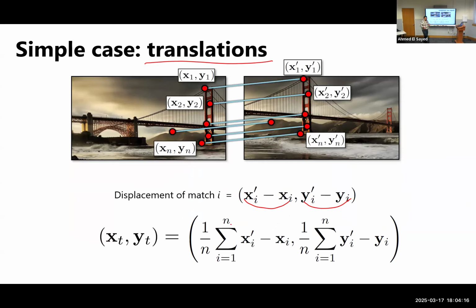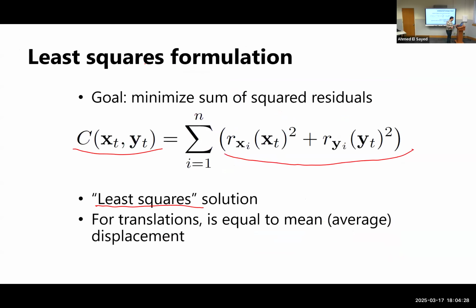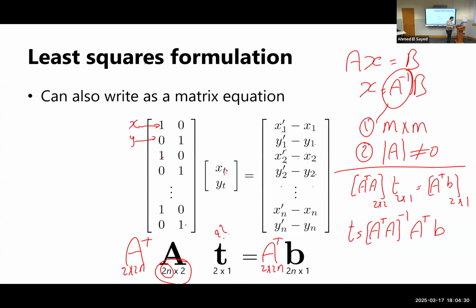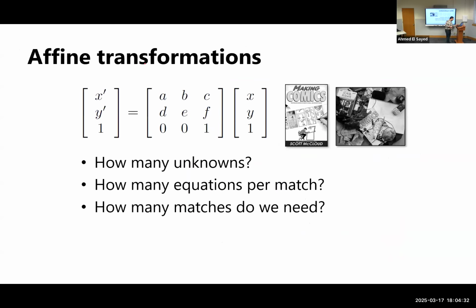How many parameters will I have? Four parameters. If I have an affine, can I use the same technique with those 6 parameters of affine?